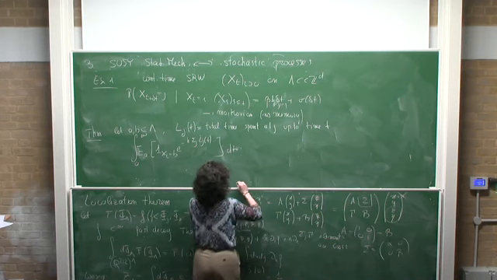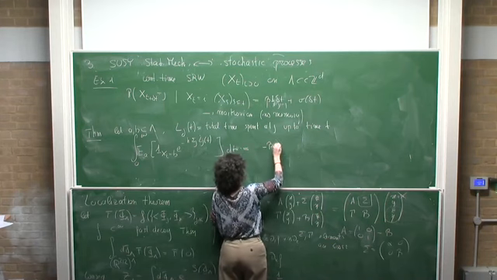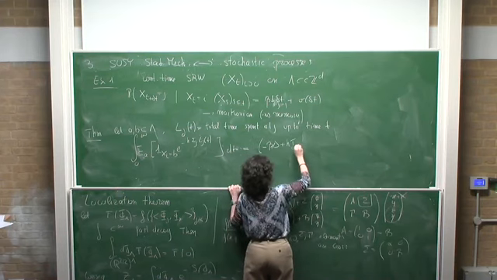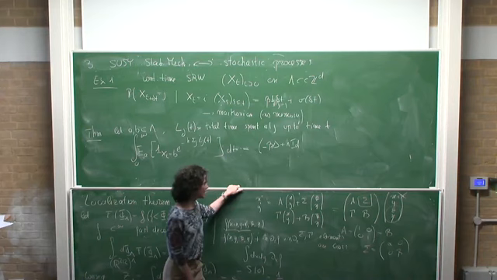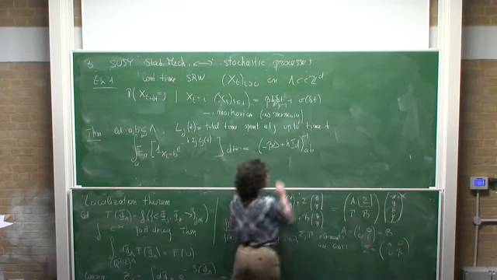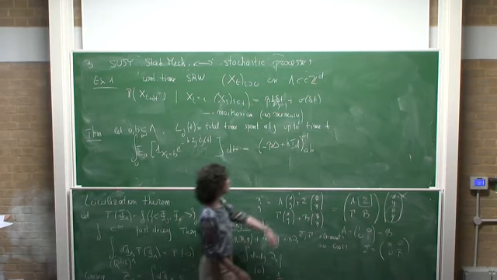And the first remark is that this is just the inverse of the following matrix. I take minus beta times the Laplacian plus h times the identity, and I take the inverse of this between the points A and B. But there is more.